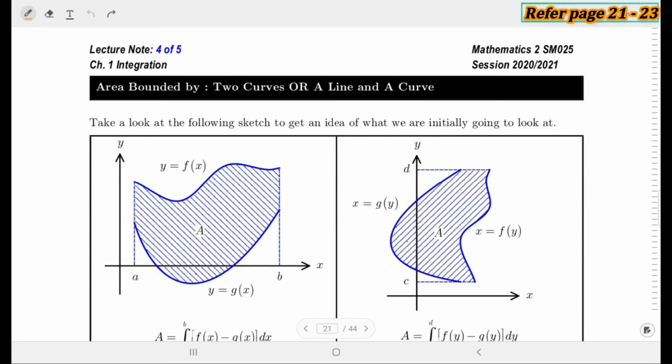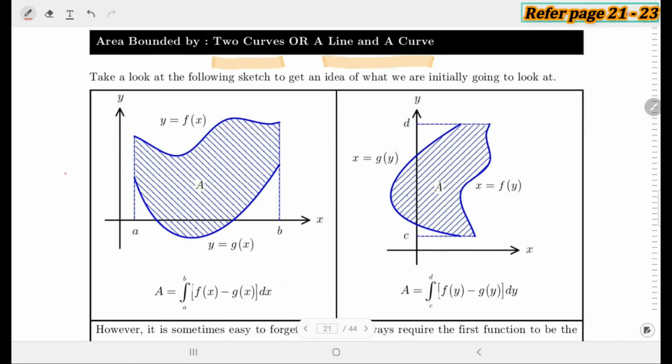Now we move to when the area is bounded by two curves, or a line and a curve. Now we look at these two sketches. These two sketches have two functions, which are y equals f(x) and y equals g(x).